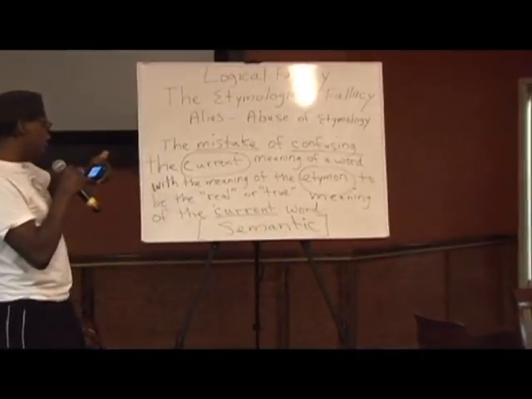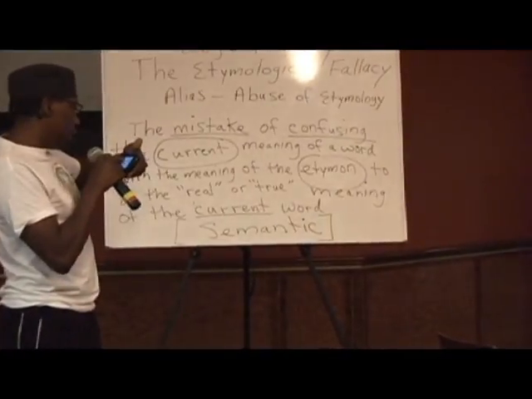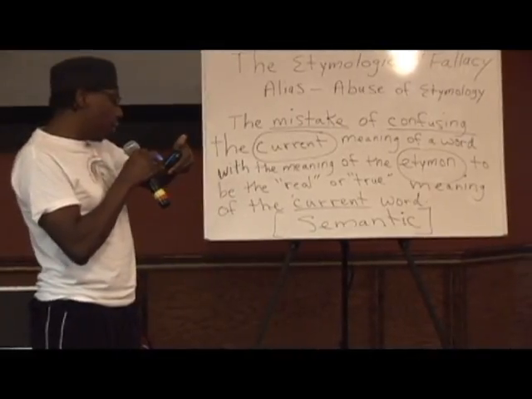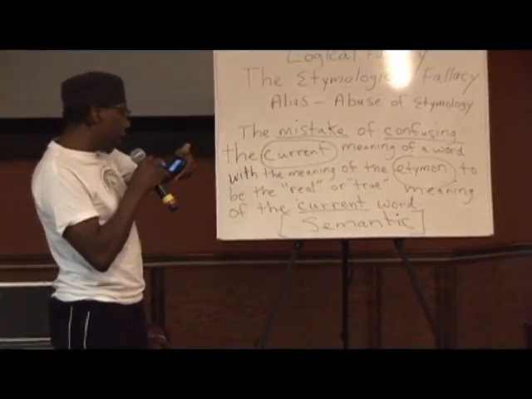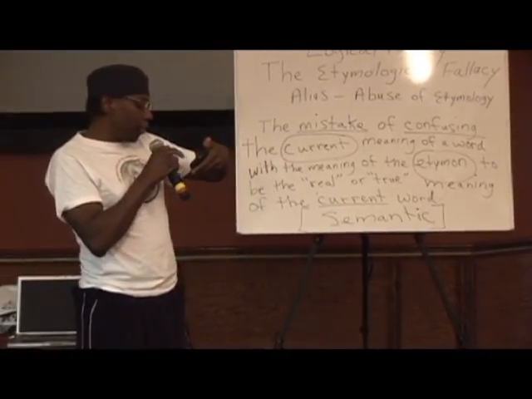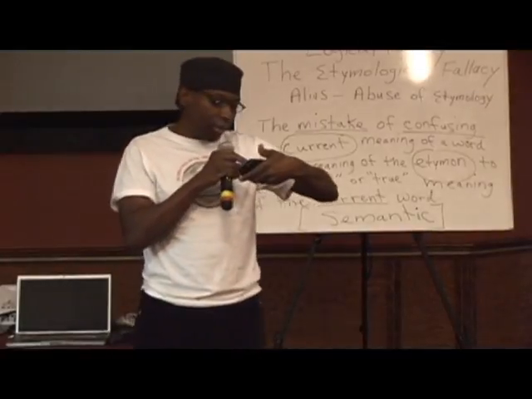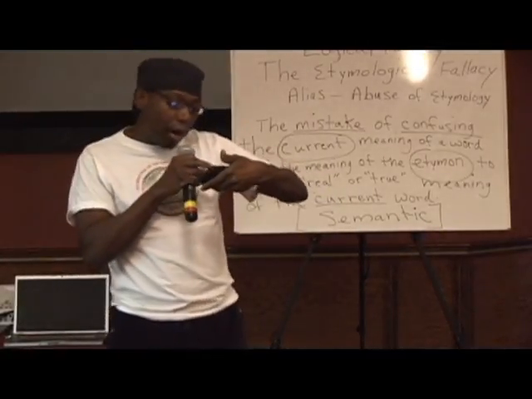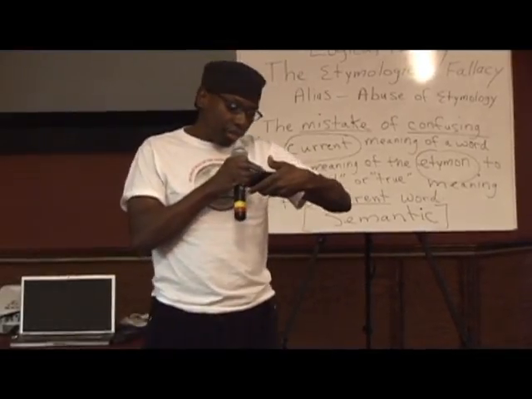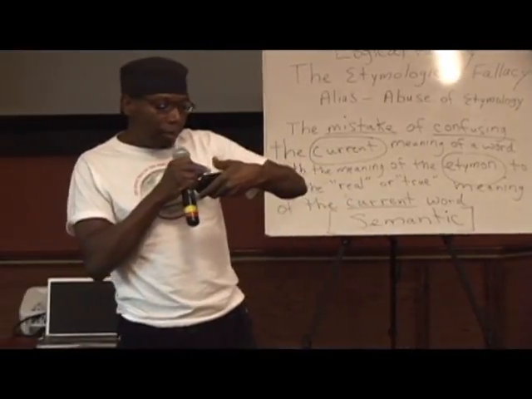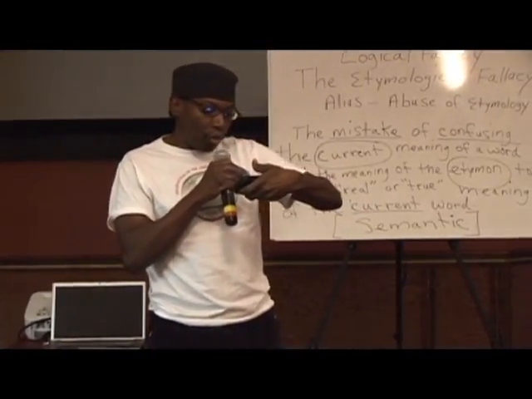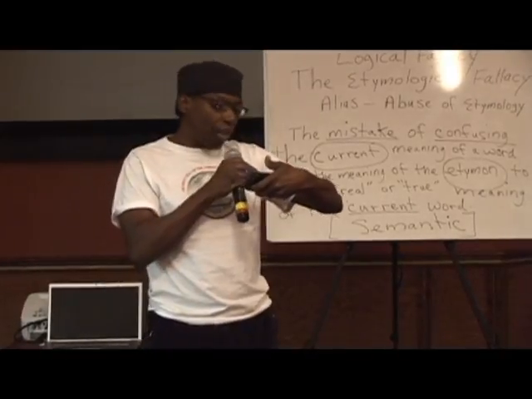The fact is that since the meanings of words change over time, often considerably, the meaning of an etymon may be very different from the current meaning of a word derived from it. The fact that a word historically derives from an etymon may be interesting, but it cannot tell us the current meaning of a word. For instance, the English word decimate means to destroy a large portion of, but is derived from a Latin word having to do with a tenth of something.